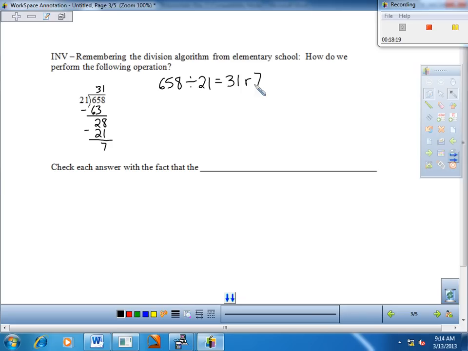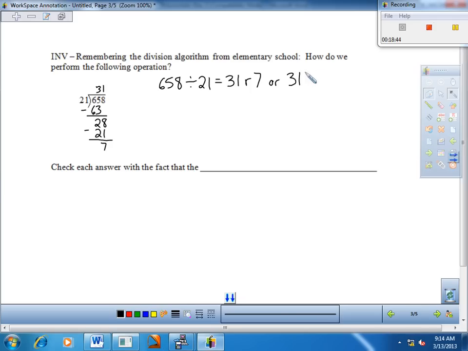Now, here's what I'm going to ask you to do. Put a little "or" on your paper for me, and let's express this in a slightly different fashion. So again, when it gets more abstract, it'll at least make sense that that's the way that we would express it. So instead of saying there are 31 groups with 7 units left over, we could say there are 31 and how many groups remaining, or what fraction of a group is next.